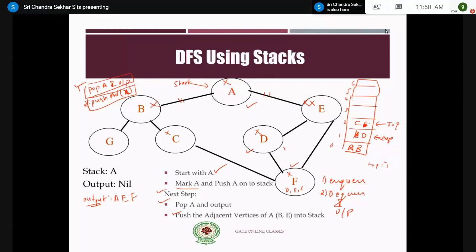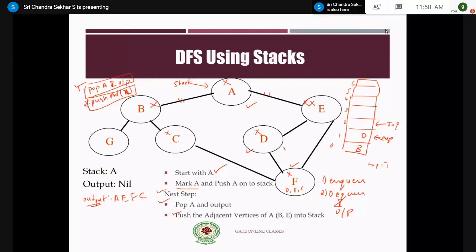Right. So after this, what you have to do? Now the top element is C. Again follow the procedure. Pop C and output. C is popped and outputted, right?